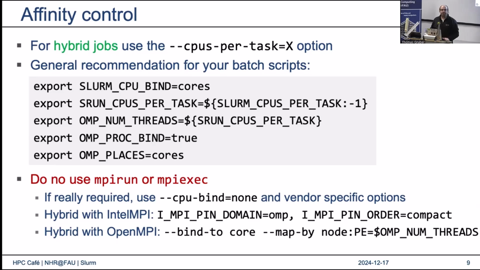There's a question? I don't know if I made something wrong, but on Fritz, in my tests, per default, affinity was disabled for Slurm. So when you just run a job, the processes were placed arbitrarily. Yeah, exactly. And this does not happen if you set the Slurm minus CPU bind. But I wonder, because previously, for example, with Intel MPI, the startup mechanisms would always enforce some kind of affinity. Yeah, but not with Slurm, because Slurm is more clever than anybody else.